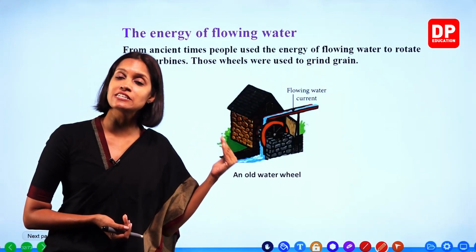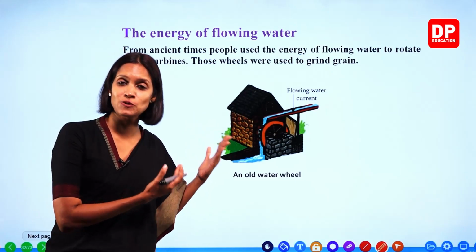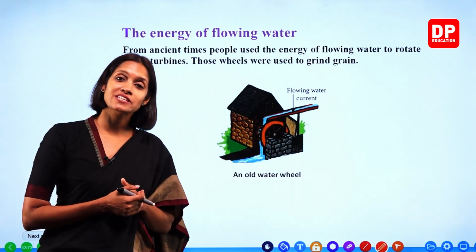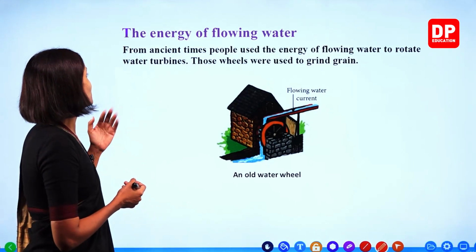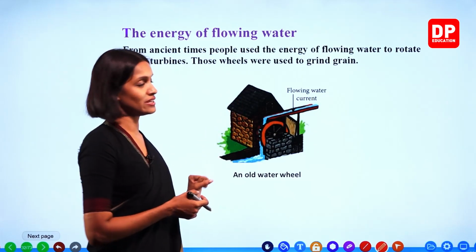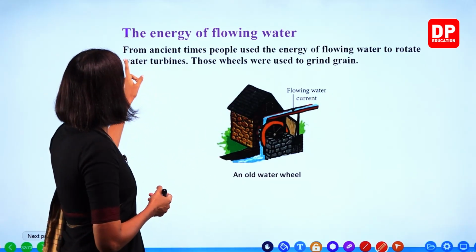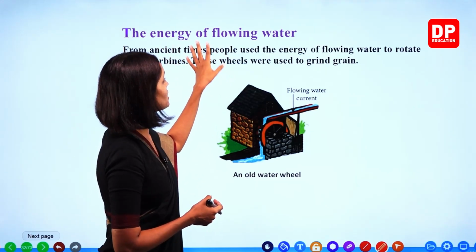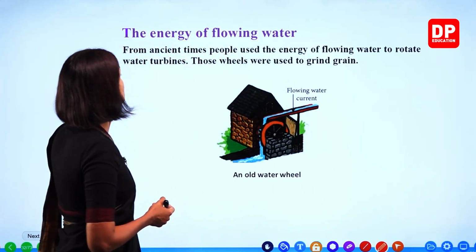When we consider energy of flowing water, this is also considered a renewable energy source. Here, look at this. This is an old water wheel. From ancient times, people used the energy of flowing water to rotate water turbines.